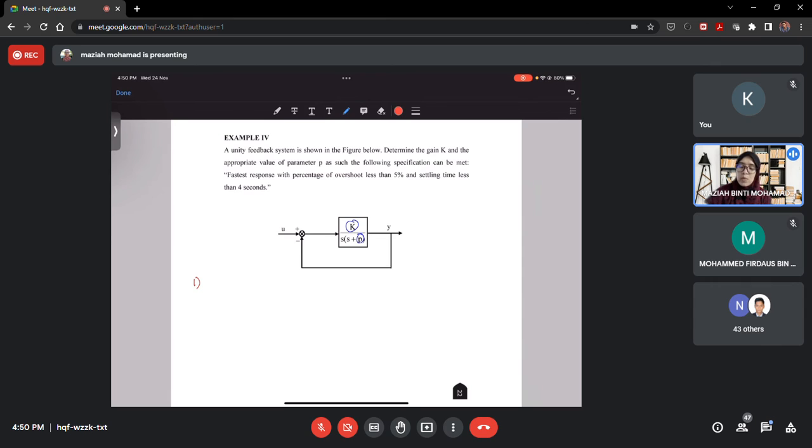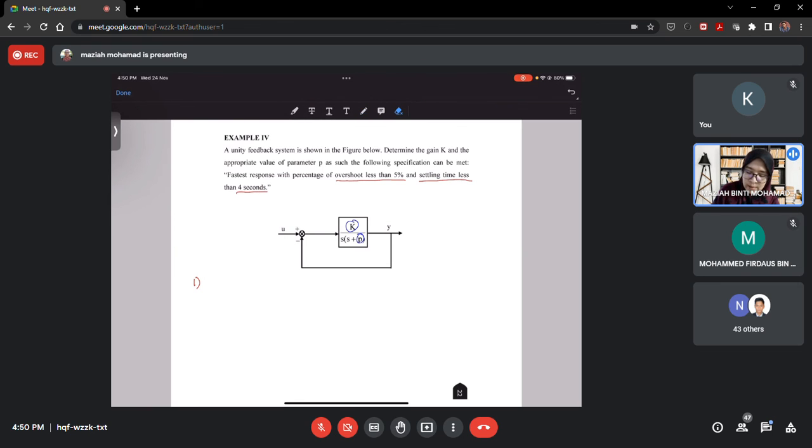Step number 1 is to determine the parameters, which is zeta and omega n. That will be based on the specification given. The first one is overshoot less than 5% and settling time less than 4 seconds.